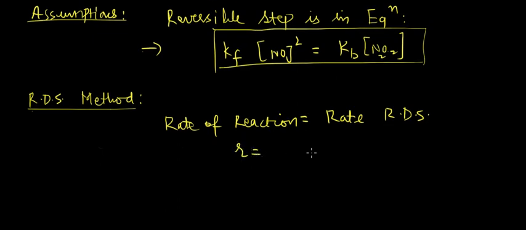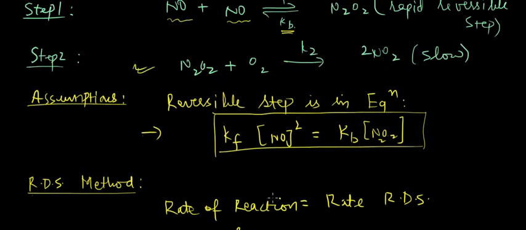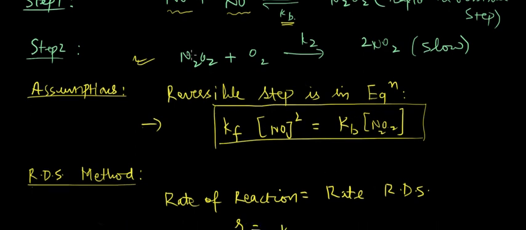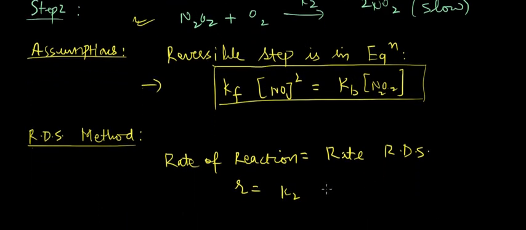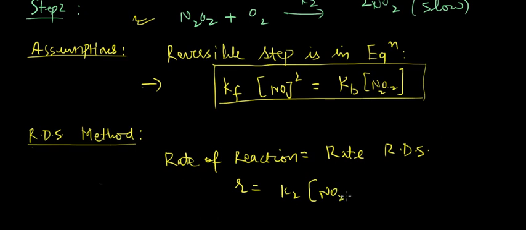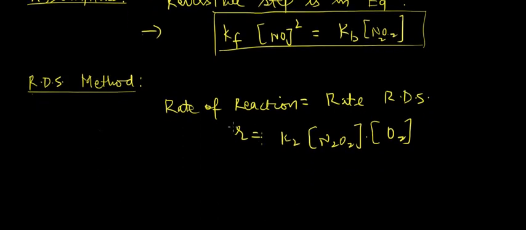Hence, as this is the slow reaction, rate would be equal to K2 times [N2O2] times [O2], which is the concentration of N2O2 times the concentration of O2. So this is the rate of reaction.